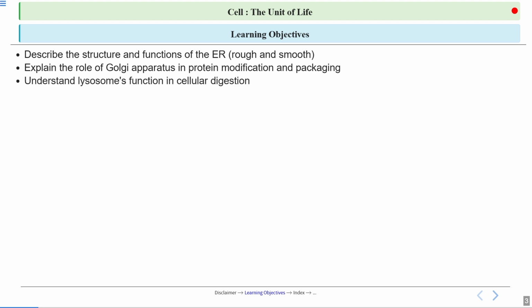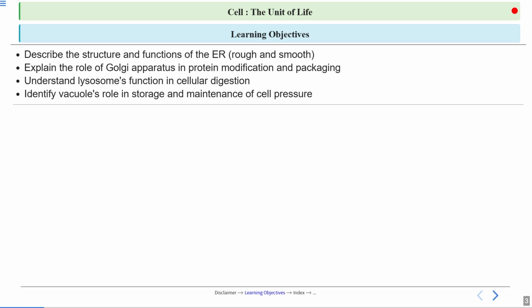We'll also understand lysosomes and their functions in cellular digestion. We will identify vacuole roles in storage. These vacuoles store some materials. And what is the role of vacuole in maintenance of the cell pressure? So these are the objectives of today's session.